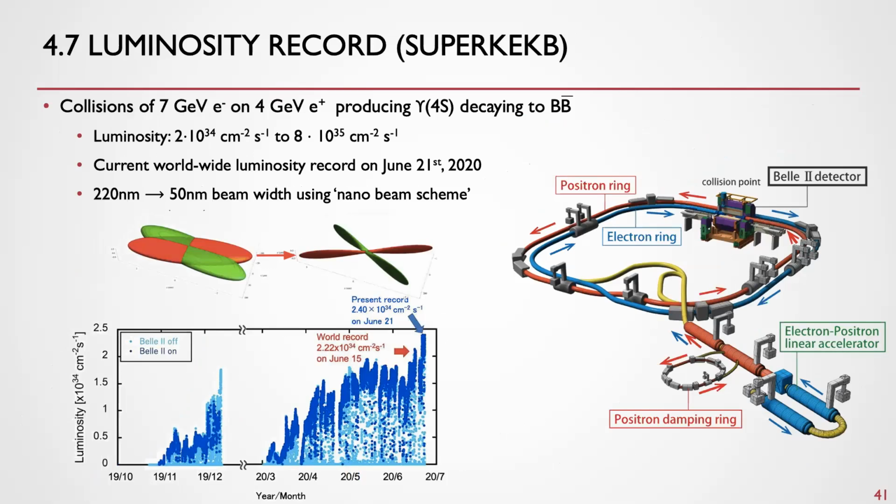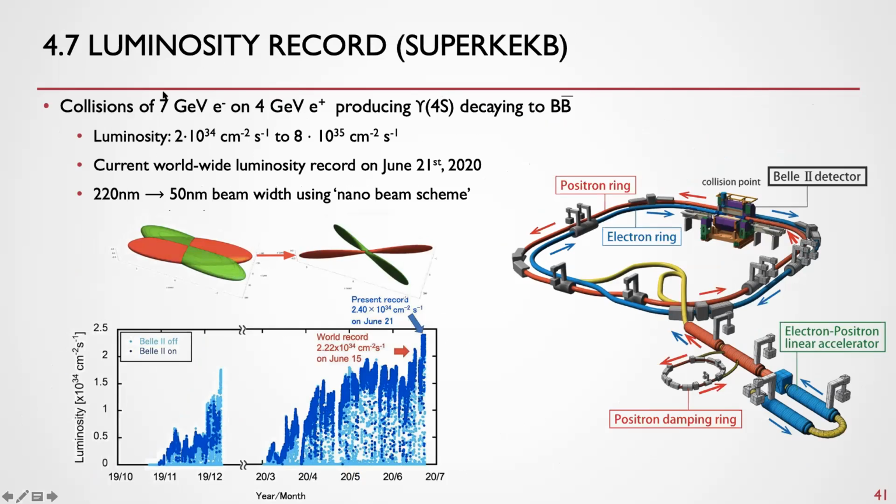So I talked a lot about the LHC. Let's look at the e+ e- collider, Super KEKB. This is a collider that operates at the Upsilon 4S resonance.